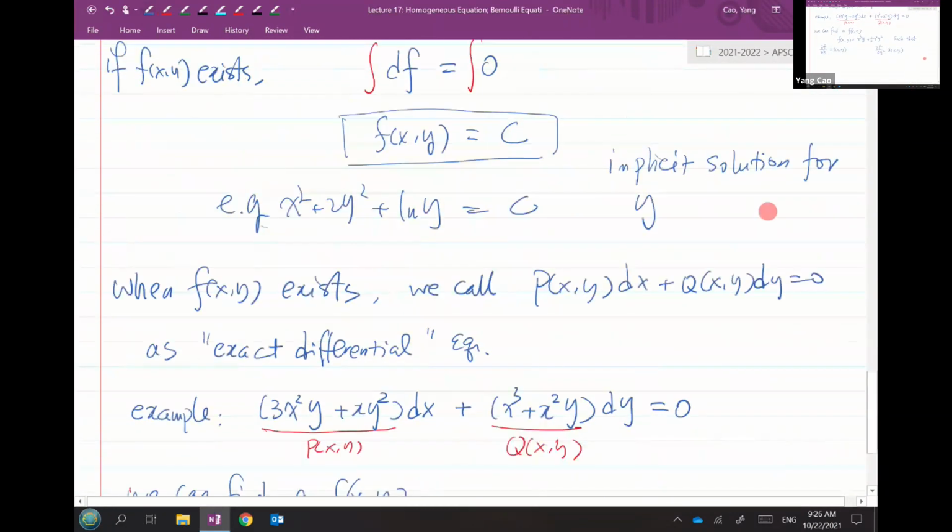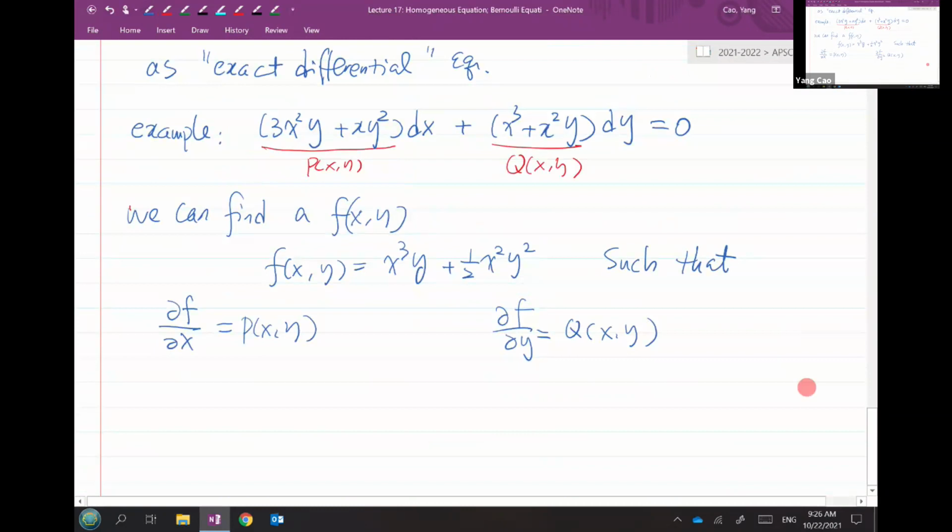So that means the equation given over here is an exact equation. So the whole left side can be written as df equal to 0. So then you integrate both sides.